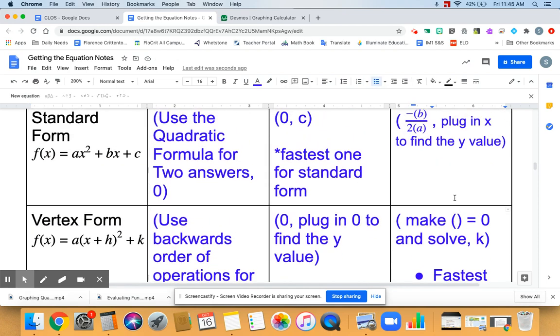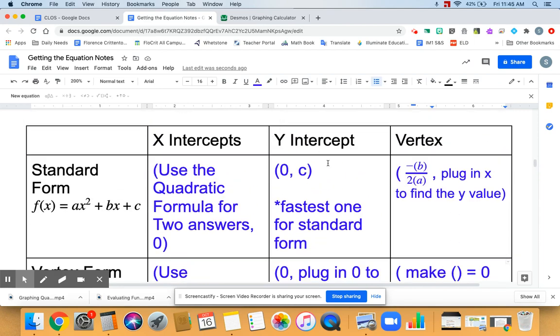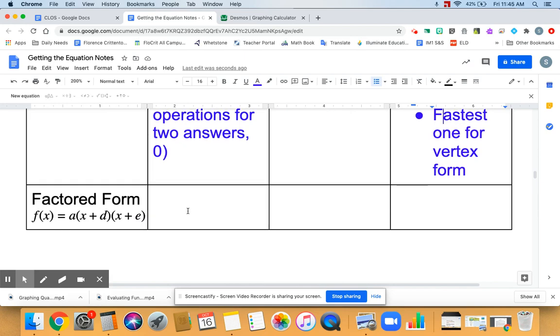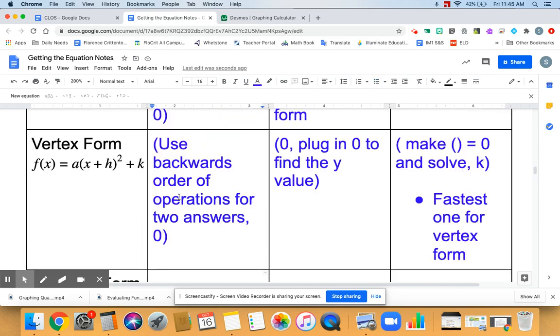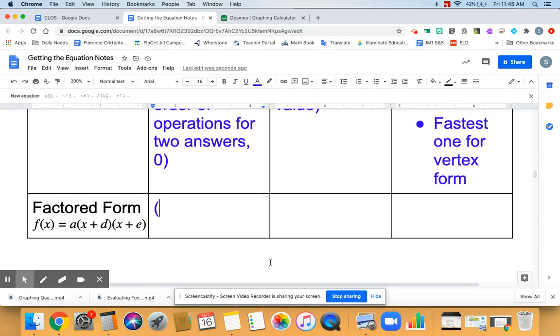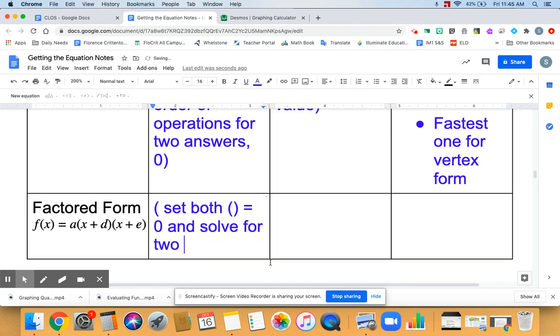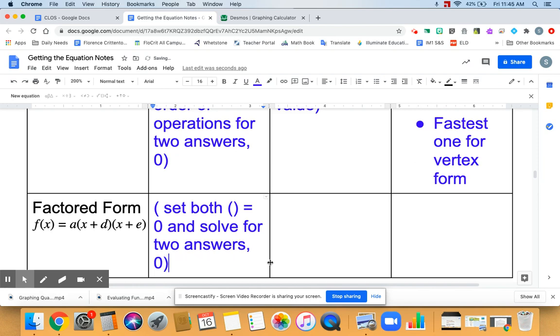So the fastest one for standard is the y-intercept. The fastest one for vertex is the vertex. The fastest one for factored form is the x-intercepts, because all you do to figure out the x-intercept is make each parentheses, both parentheses, equal to 0, and solve for the two answers. And then it's comma 0 at the end.